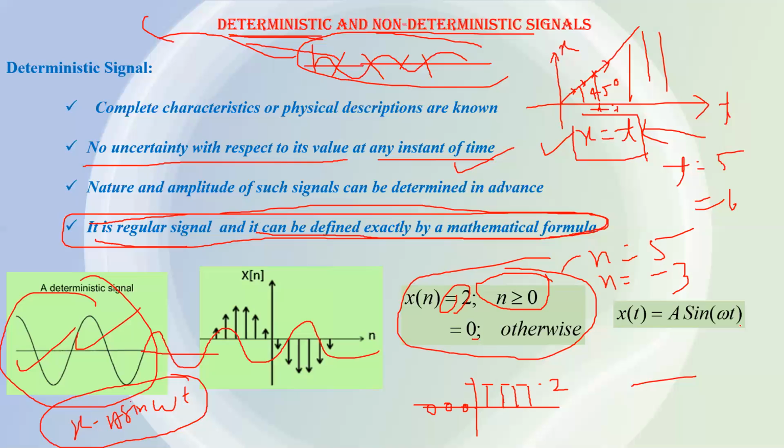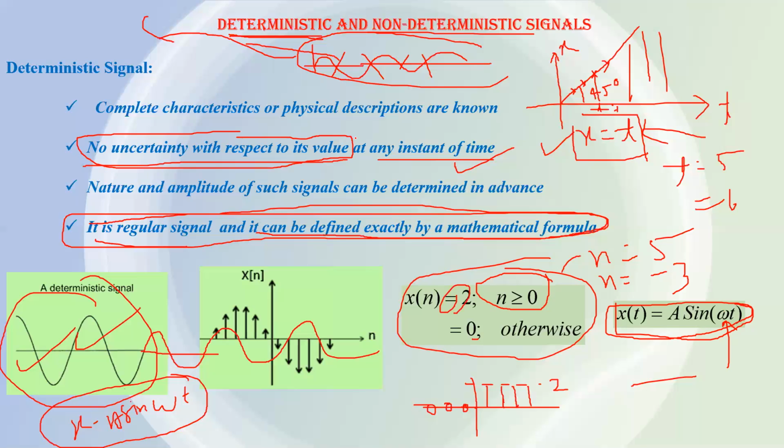Similarly, you can draw a plot from this mathematical expression, or you can determine its strength at any value of omega t. So no uncertainty with respect to its value.